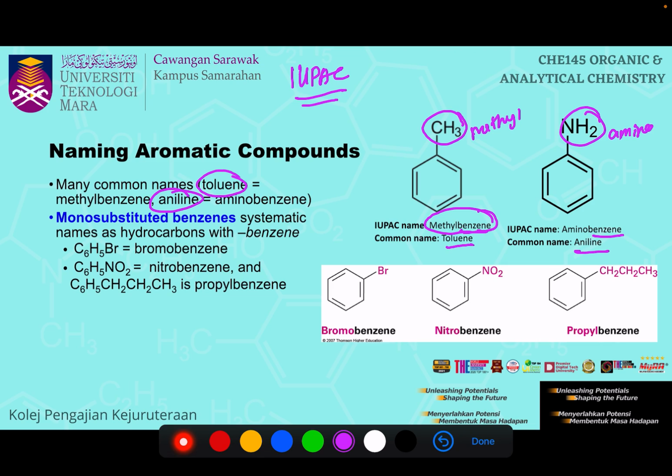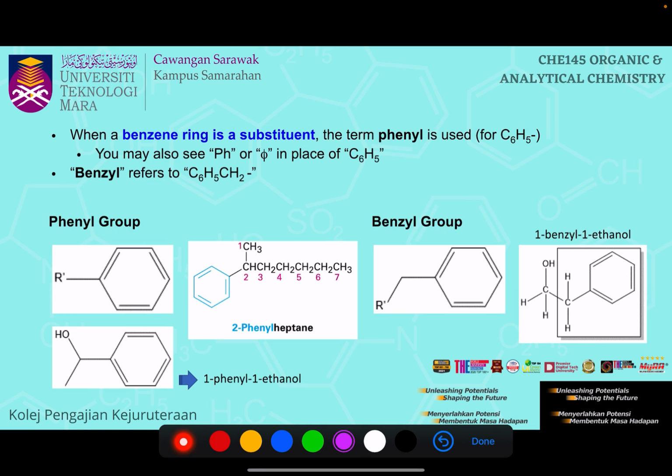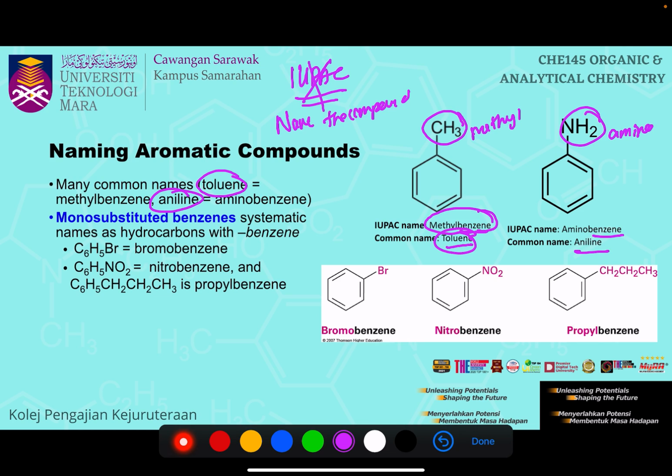But if they do not mention IUPAC, they just say name the compound, then you can use the common name, like toluene or aniline. It is acceptable. So be very careful whether or not they mention that they want the IUPAC name, because if they don't, then you can give the common name.